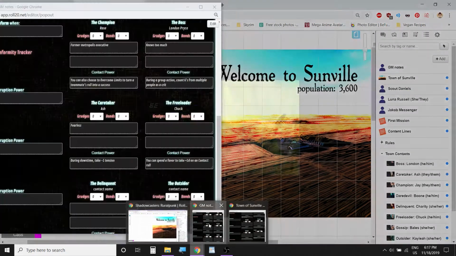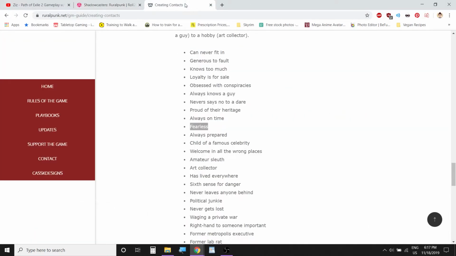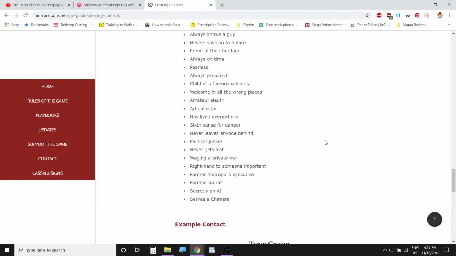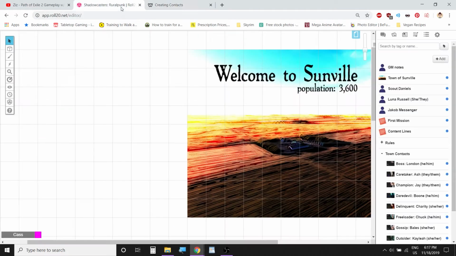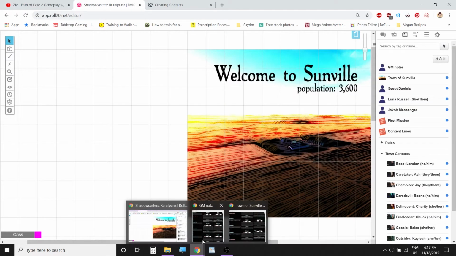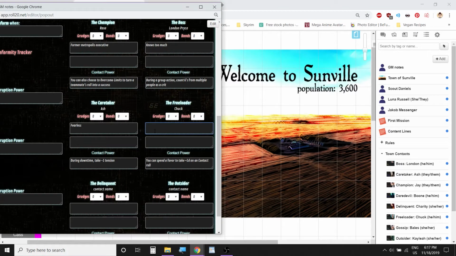So, knowing that, I'm going to take a look at what some of the traits could be. I think that Chuck serves as a chimera because of the relationship with Jacob and Scout. I think that could be interesting. A chimera is a sort of new life form.